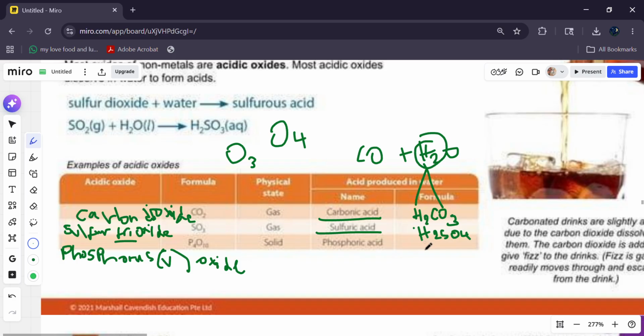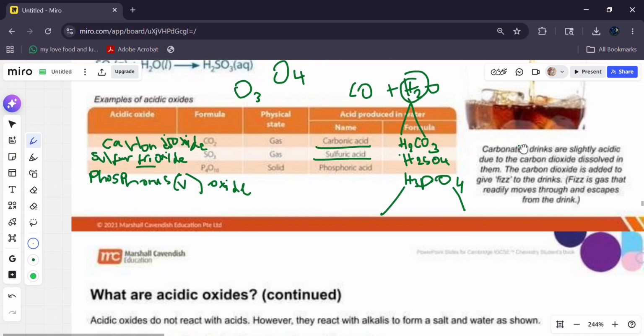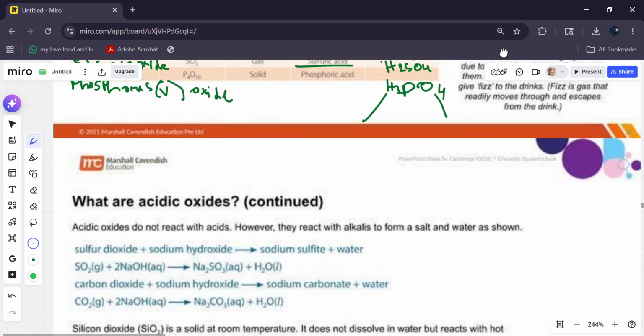And phosphoric acid becomes H3PO4. Now this one is also quite clear, as I explained. The 2 hydrogens come from the water, and one of the oxygens came from the water.